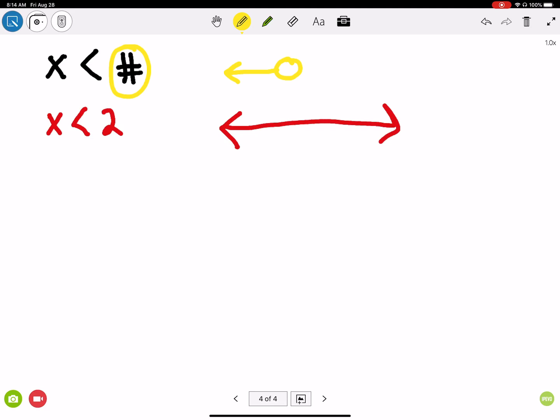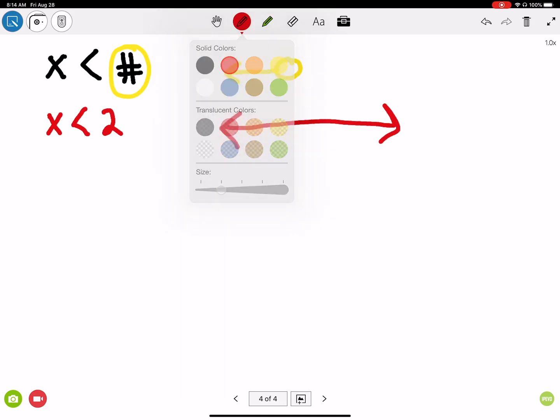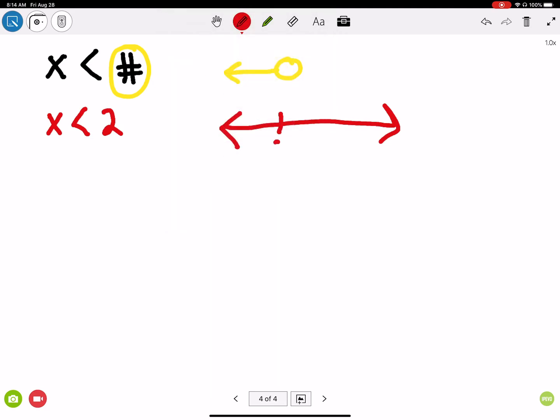Okay? So in this example of x is less than 2, if 0 is here, let's say 1 is here, 2 is here, 3 is here. If I wanted to graph this, I would put an open circle over the 2 on my number line.